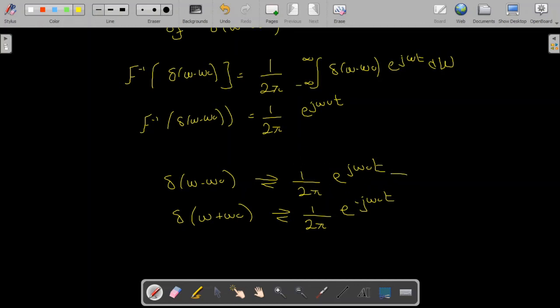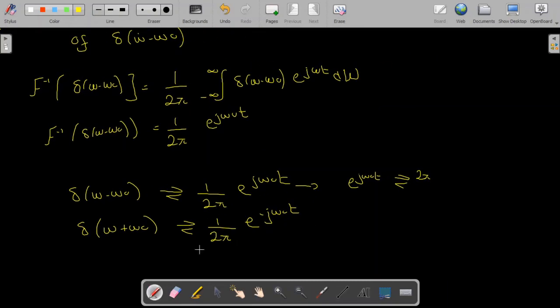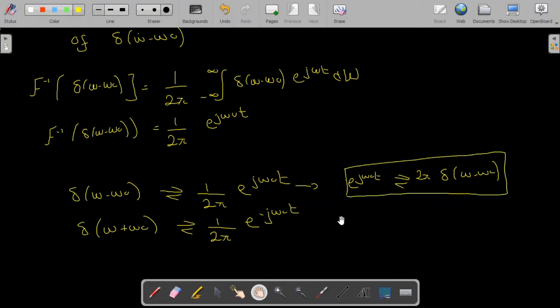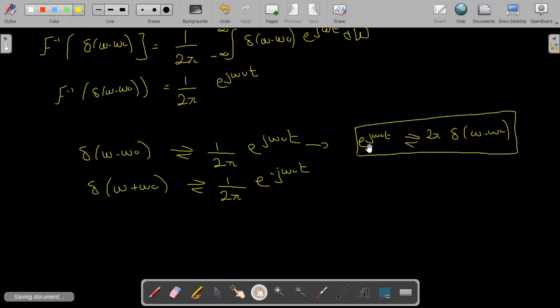And this can also be written as that e power j omega naught t and 2 pi into delta omega minus omega naught are the Fourier transform of each other. So we can convert between the time and frequency domains, we can transform the domains. So this is one of our formulas.